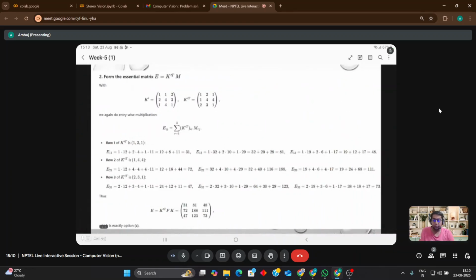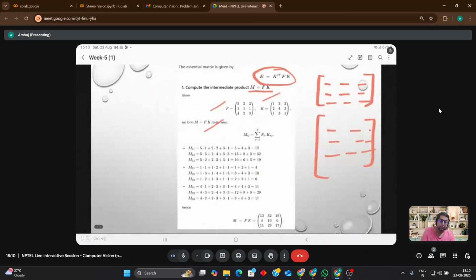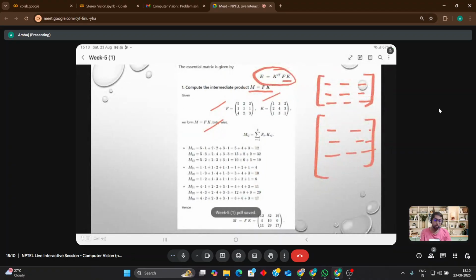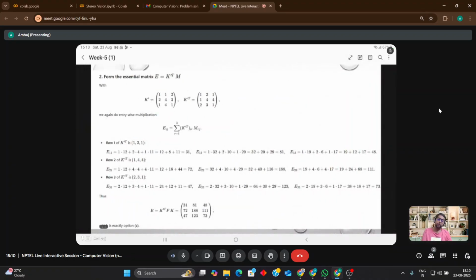Then you jot down the form of the essential matrix, which is K dash transpose multiplied by M. The right hand side expression F into K we have reduced to M. K dash has already been given to us, and we will calculate K dash transpose by interchanging the rows and columns.